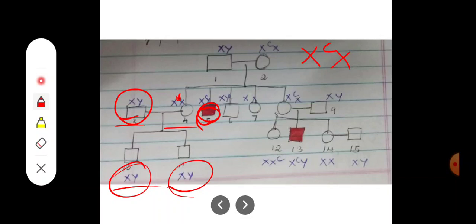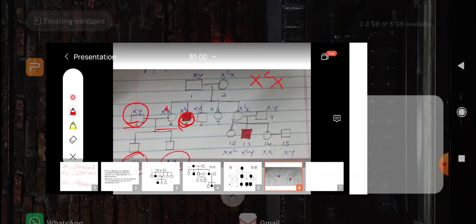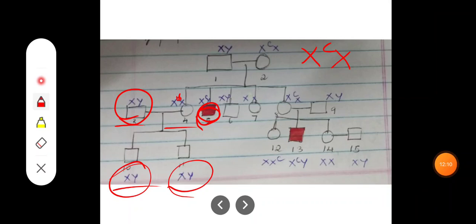And coming to the next one, the person number 8, here you can see that 8 has married a male and their male child is affected by the disease. So that male should be XcY because he is a diseased person.